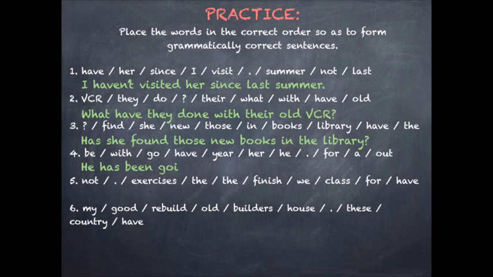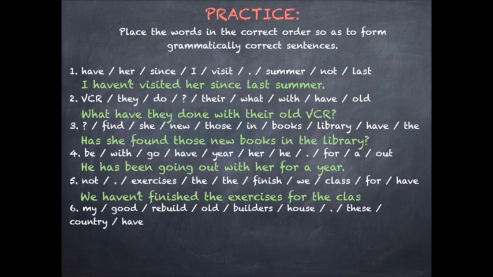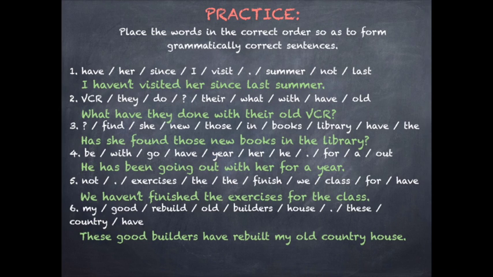Number 4. He's been going out with her for a year. Number 5. We haven't finished the exercises for the class. And finally, number 6. These good builders have rebuilt my old country house.